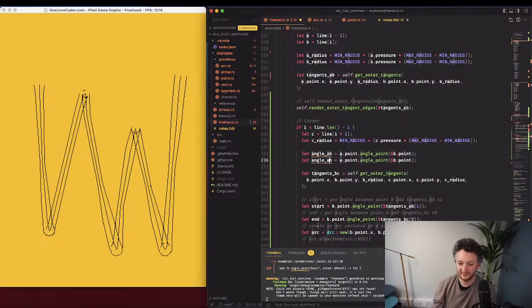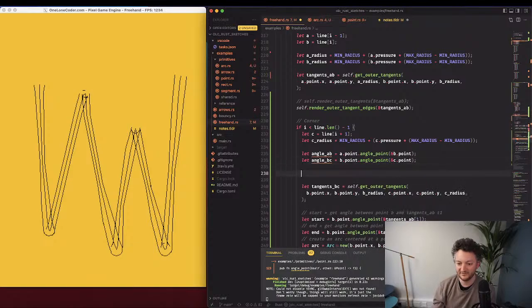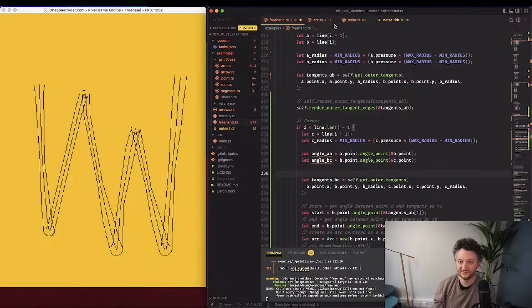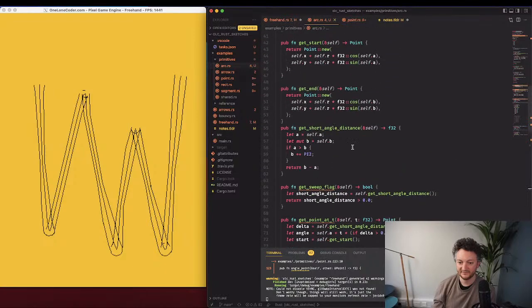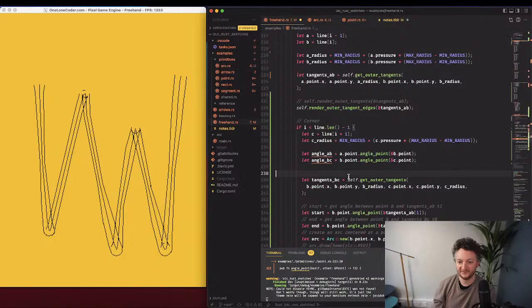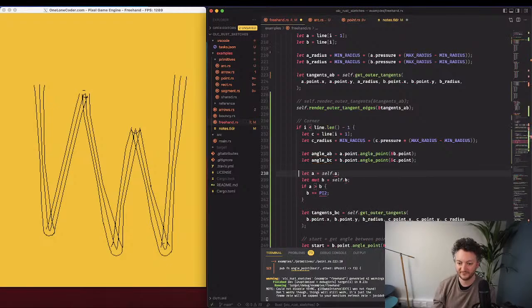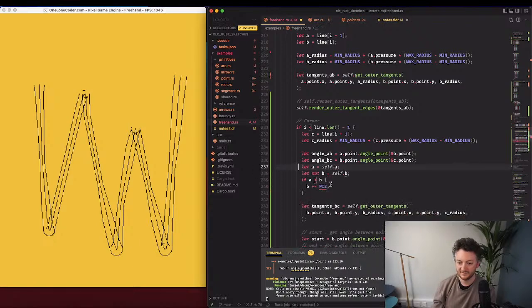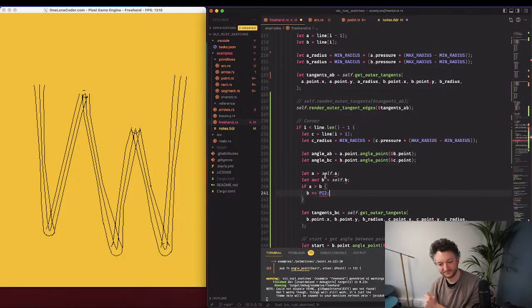Then angle BC to from B to C. Then we look at the difference. What was our, get short angle distance here. And I think if it's less than 0, then it's, hold on a second.